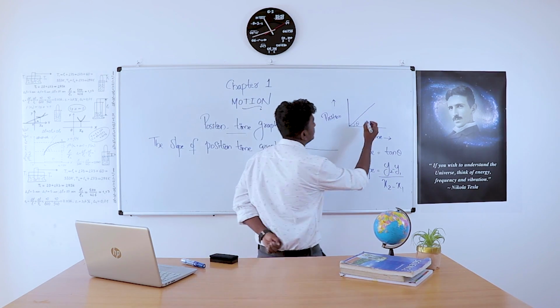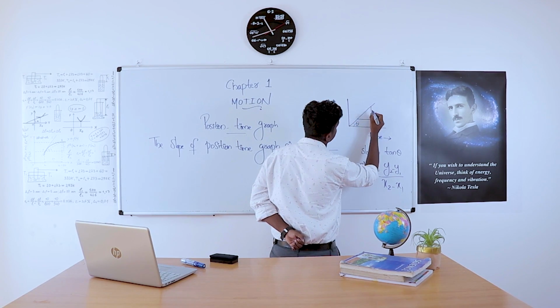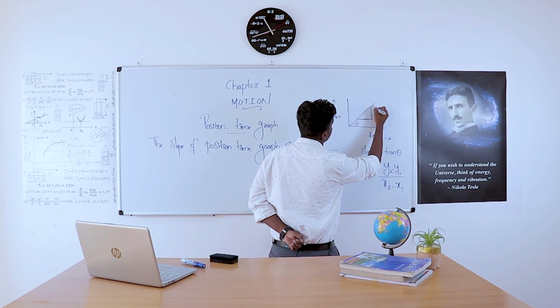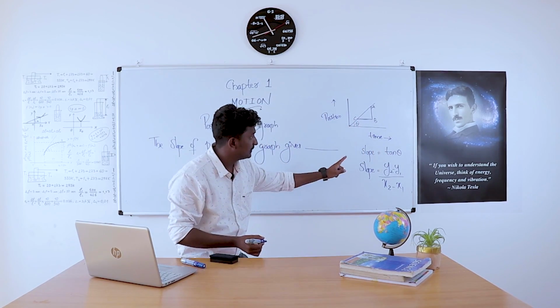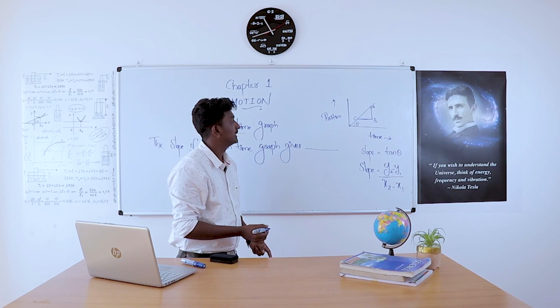Just consider a small triangle in this portion of the graph, and I am naming it A, B and C.